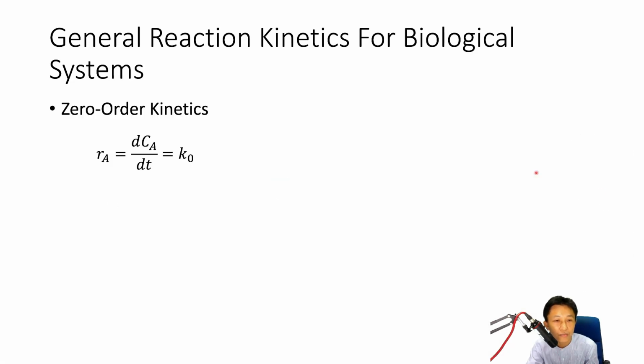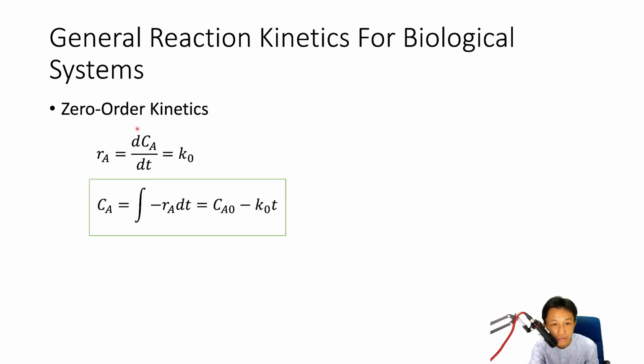The zero order means your rate dCA/dt is kCA to the power 0, which is 1. Okay, and then you integrate this form to get this one. So you have the concentration of A equal to CA at the beginning minus small k, which is the kinetic constant, times t.